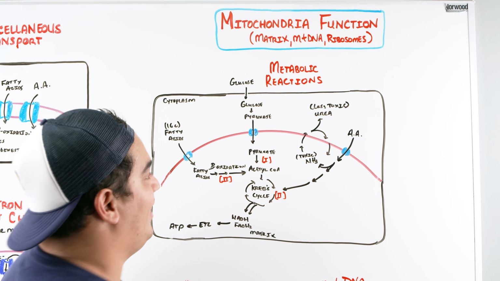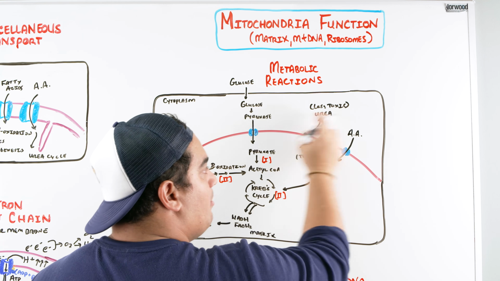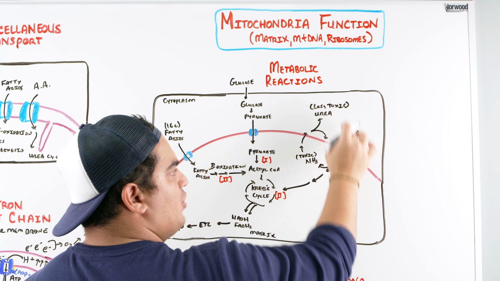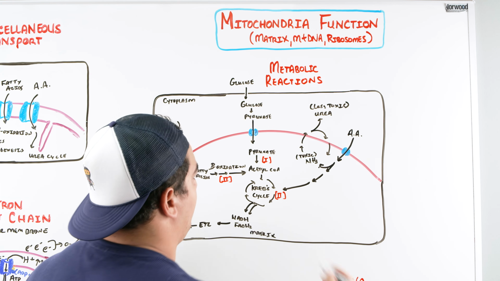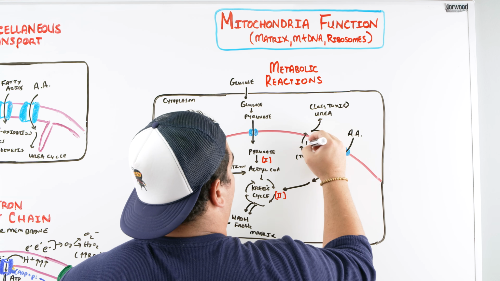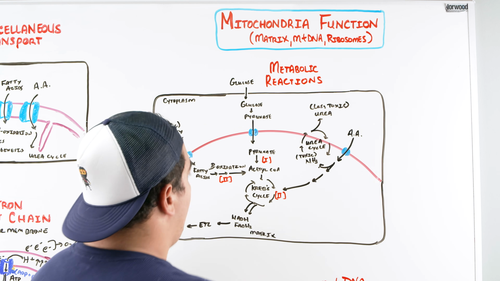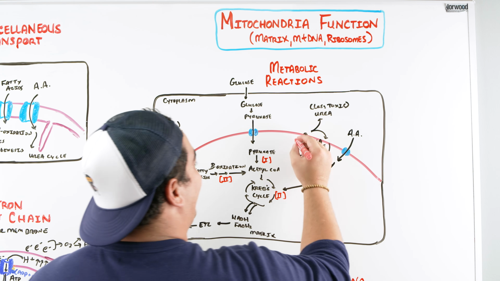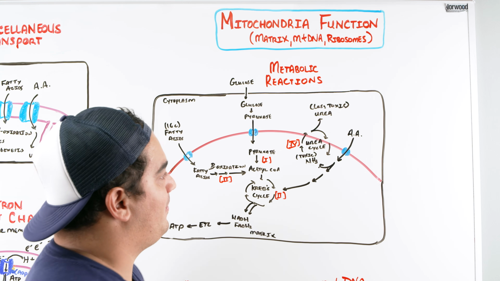But this cycle here occurs specifically in the mitochondria, and even a little bit, if you notice over here, in the cytoplasm. What's this called? This is called the urea cycle. That's another metabolic reaction that takes place where? In the mitochondrial matrix.